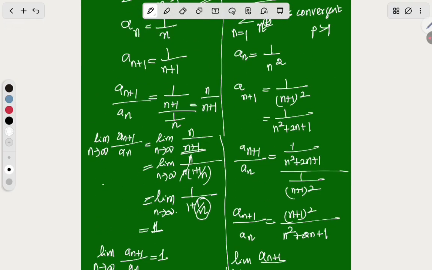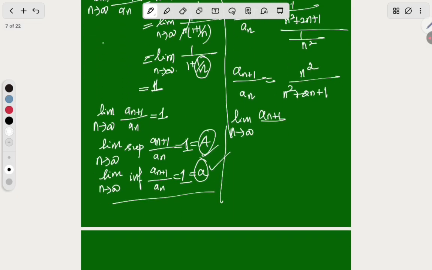Sorry, your an is nothing but 1 by n square, right? So here it is 1 by n square, so it is n square divided by this term. So what is the limit as n tends to infinity of an plus 1 by an? The limit as n tends to infinity of n square divided by n square plus 2n plus 1, right?